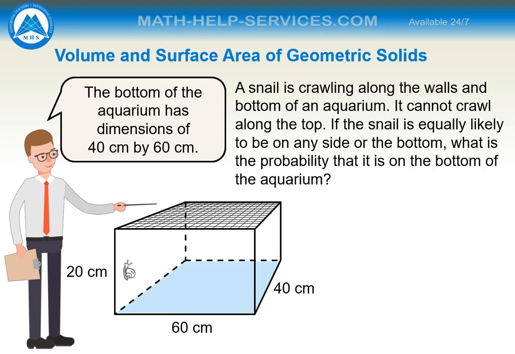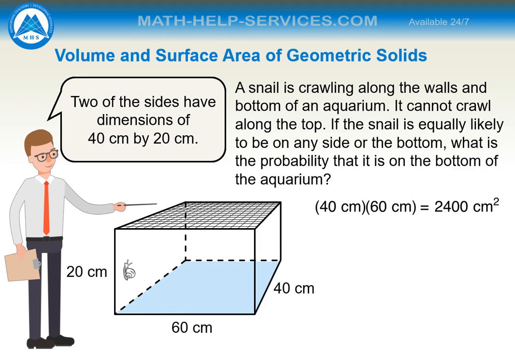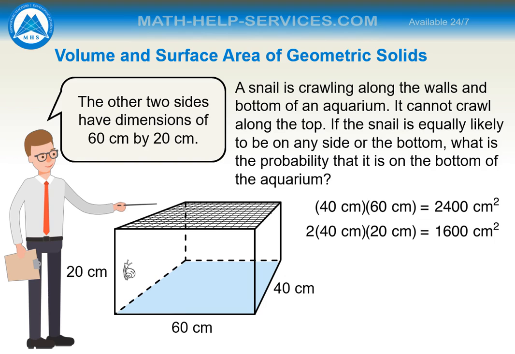The bottom of the aquarium has dimensions of 40 centimeters by 60 centimeters. That's 2,400 square centimeters. 2 of the sides have dimensions of 40 centimeters by 20 centimeters. And 2 other sides have dimensions of 60 centimeters by 20 centimeters.